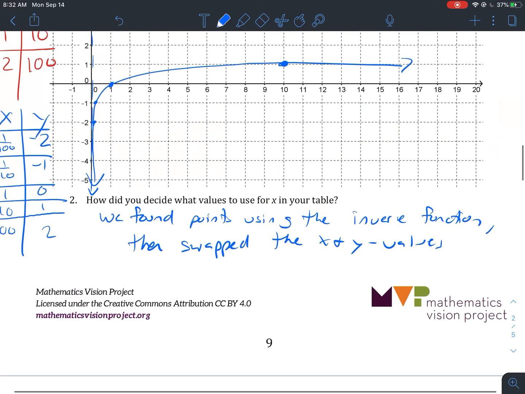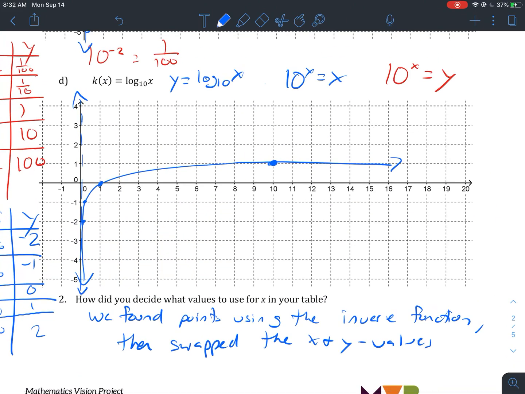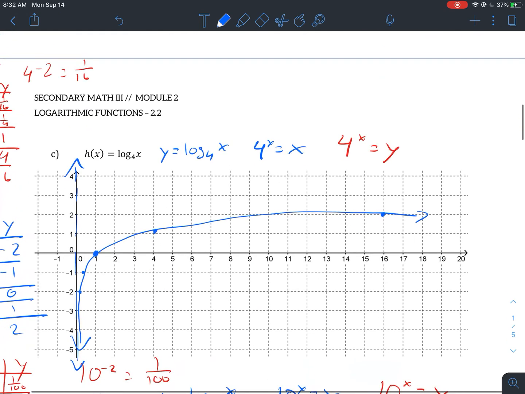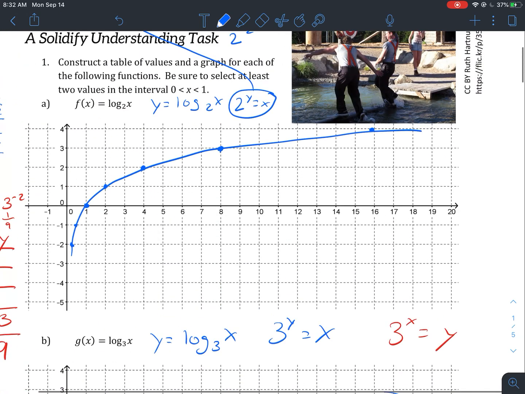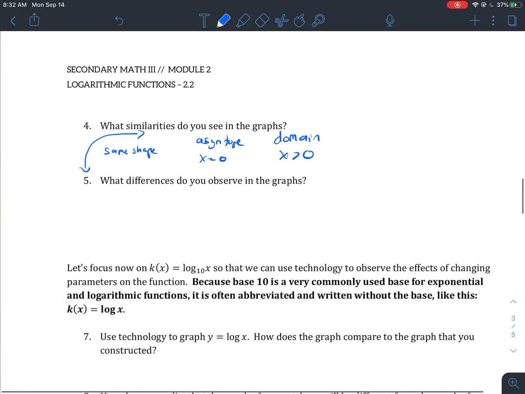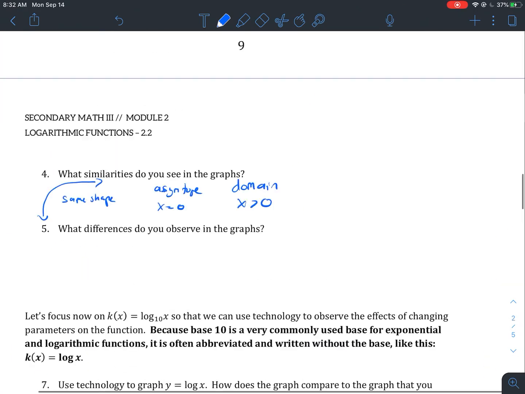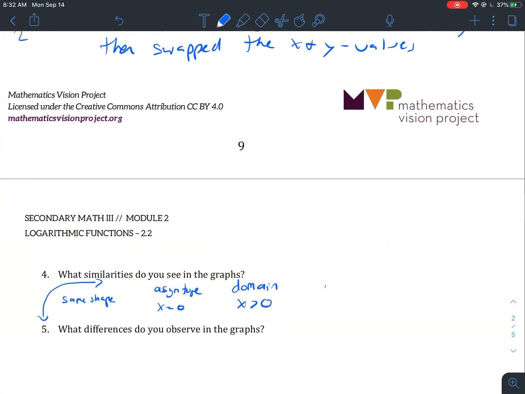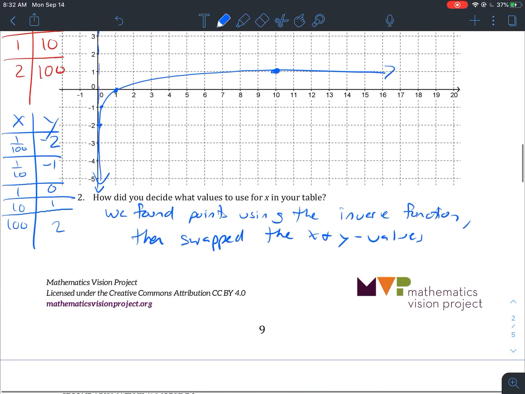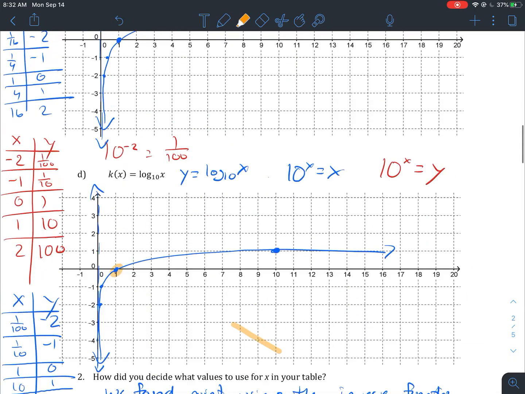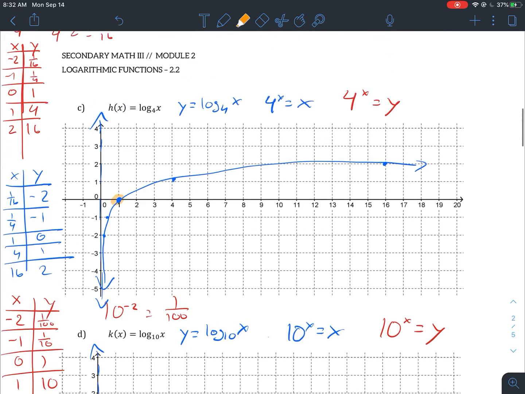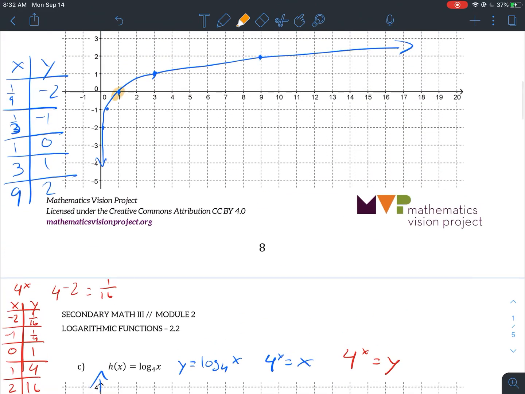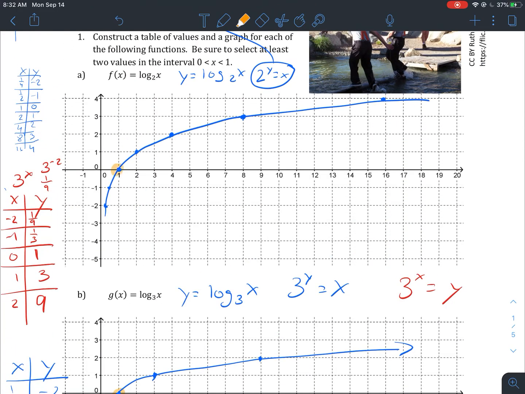And you can also say that their domain is greater than 0, right? We didn't get any x values that are less than 0 here. Not there, not there, not there, and not there. All of the x values are bigger than 0. And then another thing you can say is that all of these graphs had the point 1, 0.